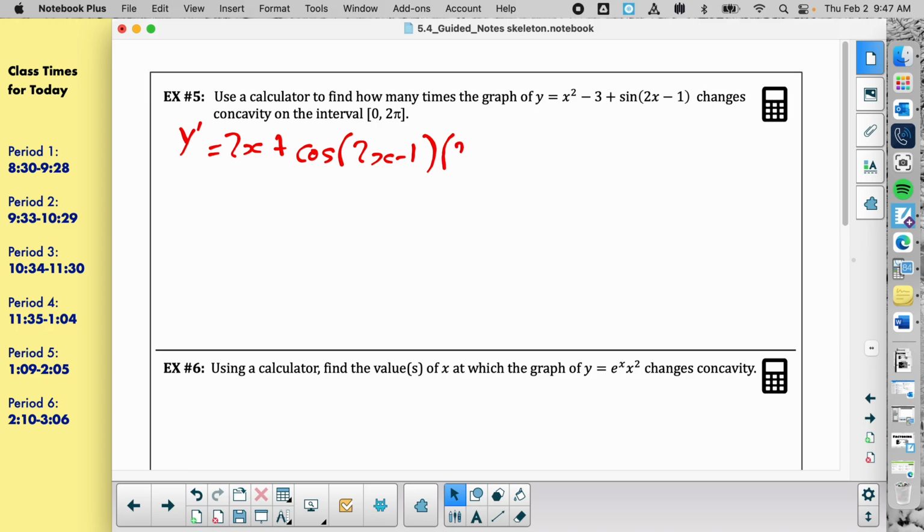There you go. Chain rule it. Okay? FYI, since we're using a calculator, there's no need to simplify anything. You can just type it directly in the calculator however you get it. If we're doing product rule or quotient rule, there's zero reason to simplify it because you can just type it in as you get it.